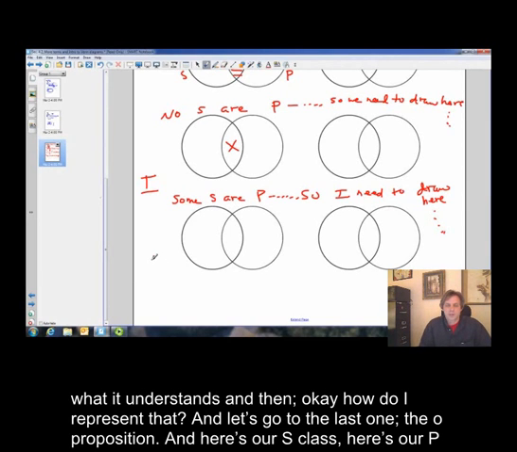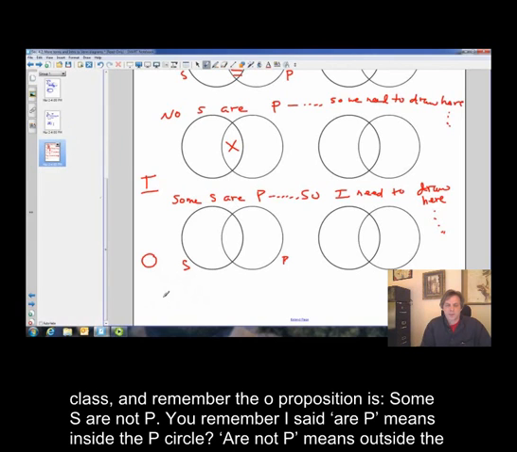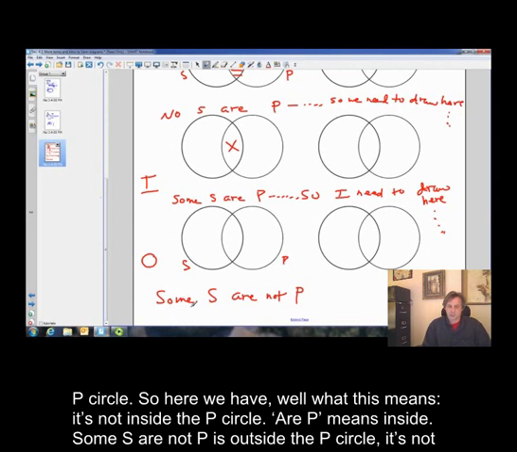And let's go to the last one, the O proposition. Okay, and here's our S class, here's our P class, and remember the O proposition is some S are not P. And when you remember I said R P means inside the P circle, R not P means outside the P circle.